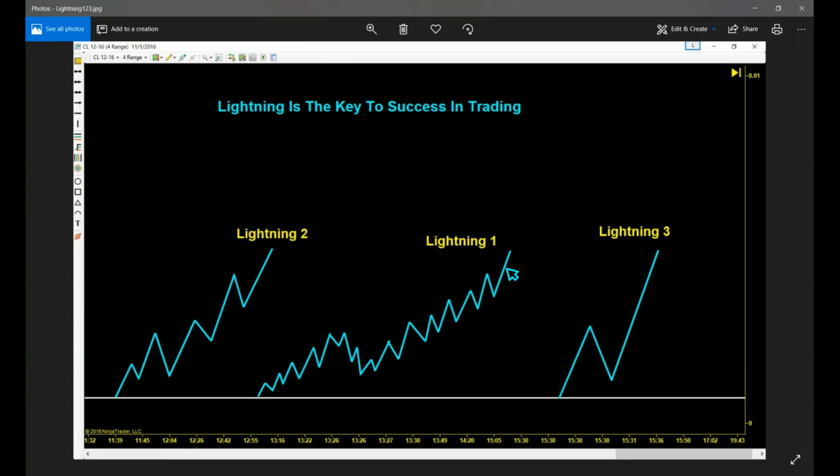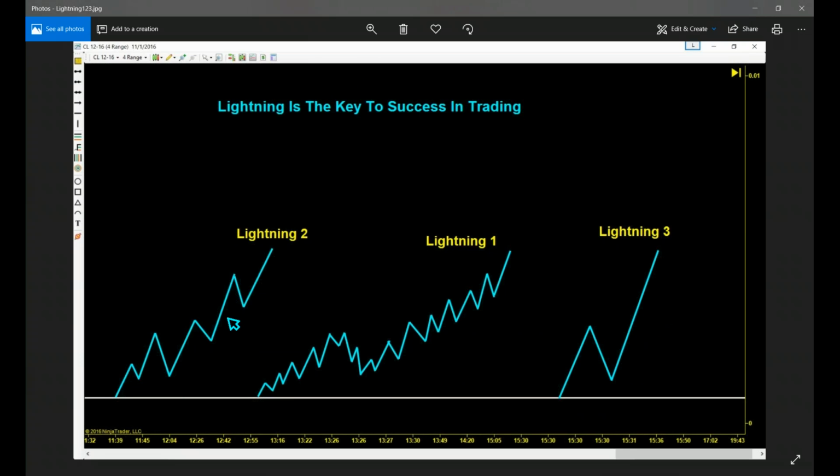So if you're a trader that likes to get out early, before it gets all the way to mid-band, that's your stop. If you were looking at Lightning 2, that's your stop. If you were trading Lightning 3, that's your stop. That's if you're really going for gusto type trades, if a person wanted to do that.